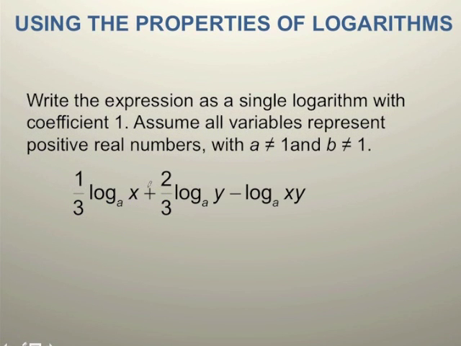These cubes, and this is the plus, so I think we have log base a of the cube root of x plus log base a of the cube root of y squared minus log base a of x times y.